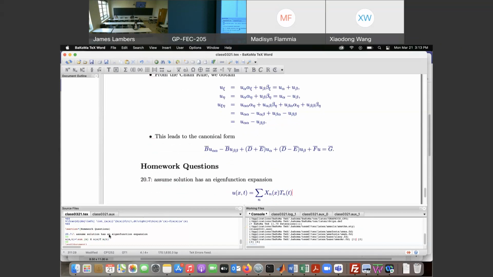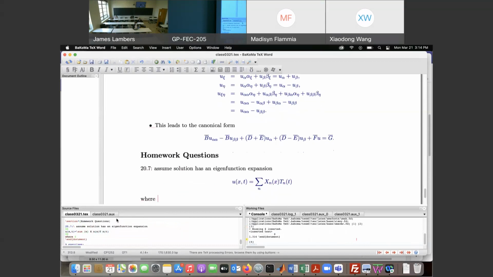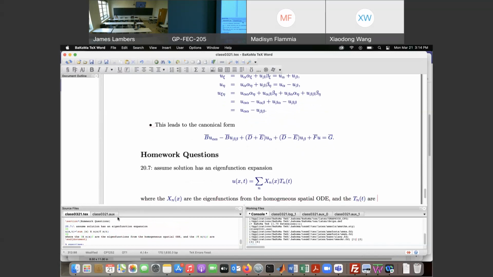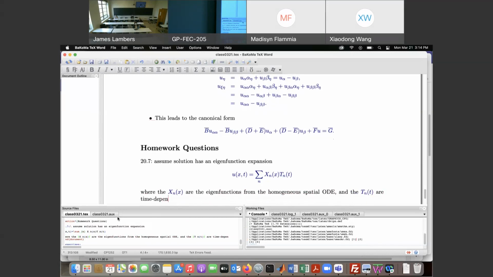We saw this form from a non-homogeneous heat equation, and that would hold true here as well. Where the X n of x are the eigenfunctions from the homogeneous spatial ODE, and T n of t are time-dependent coefficients.